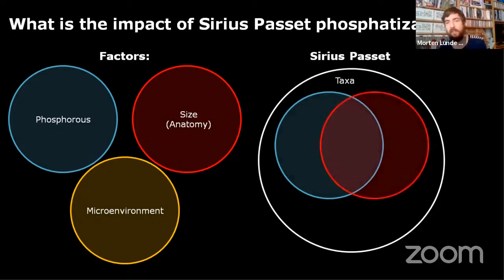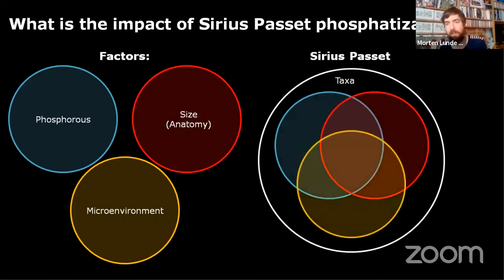Then the red circle here are all those taxa and specimens that have the right sizes to phosphatize. And these are those that have the right microenvironment to phosphatize. And what we suggest is that these three factors need to overlap to initiate phosphatization.